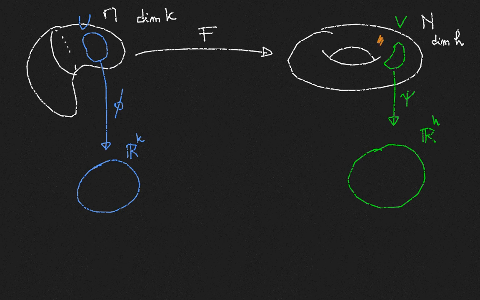Let's say this is f of u. So we take the image of f of u, and we suppose that f of u intersects our v. So down here we have some part of our intersection.